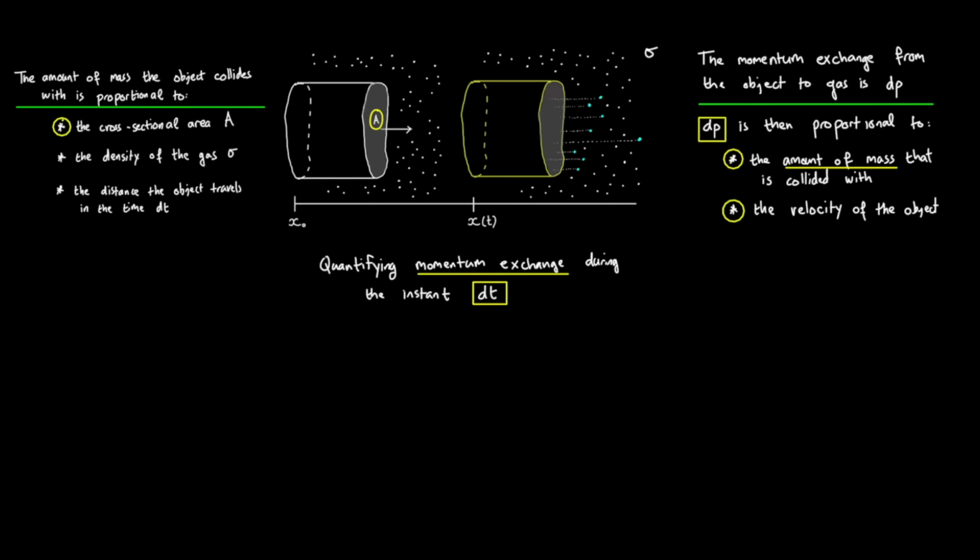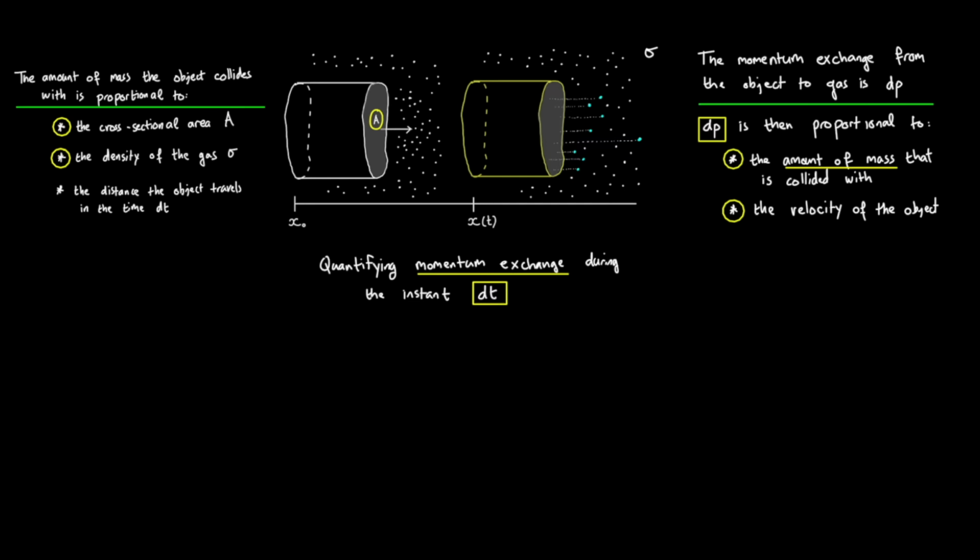So the amount of mass the object will collide with is definitely going to be proportional to this area. Also, another factor which is important is the density. Of course, the more particles per unit volume, in other words, the bigger the density, the more mass that the object is going to collide with. And so that explains why the density is important.